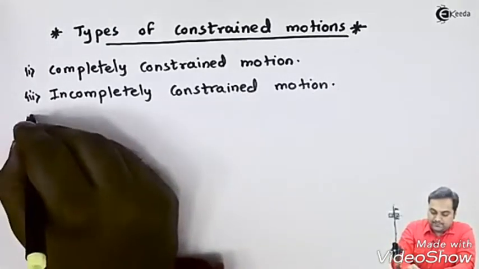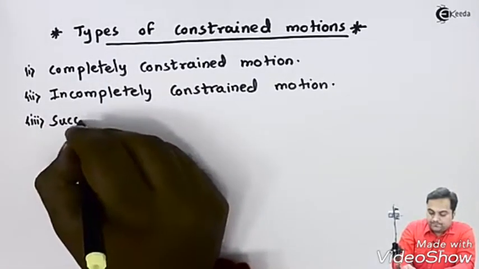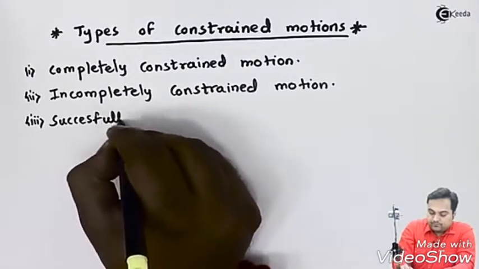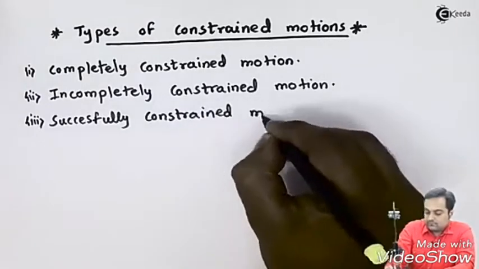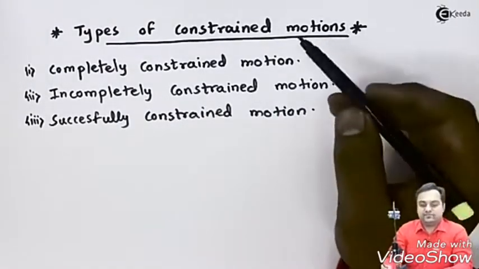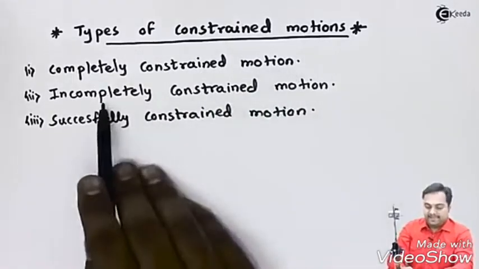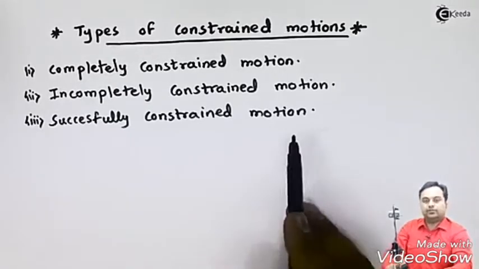And the last one, successfully constrained motion. So we have three kinds of constrained motions: completely constrained motion, incompletely constrained motion, and successfully constrained motion.